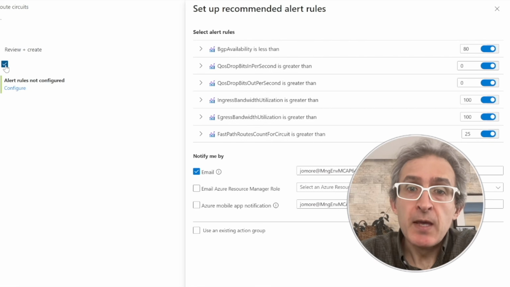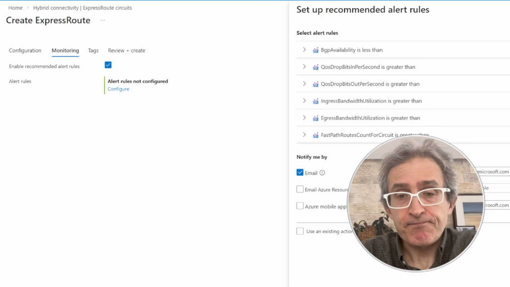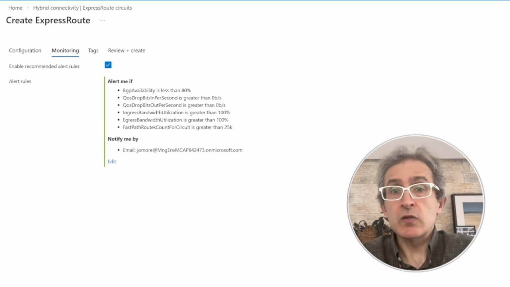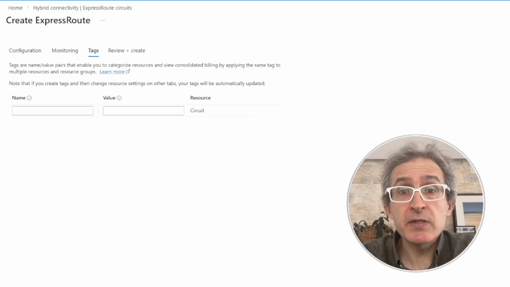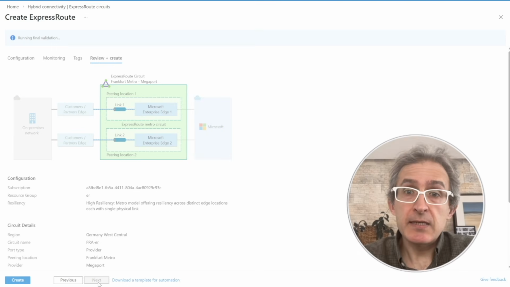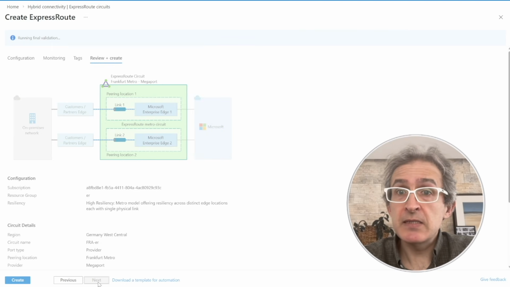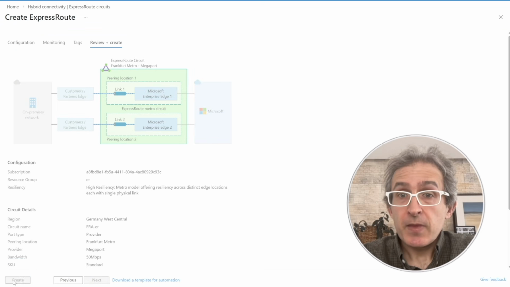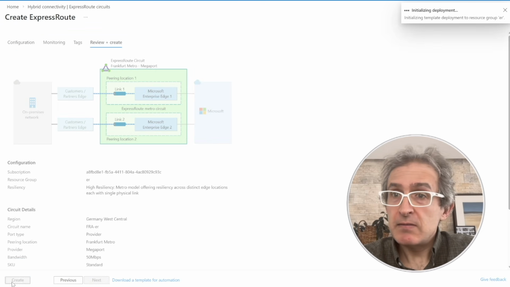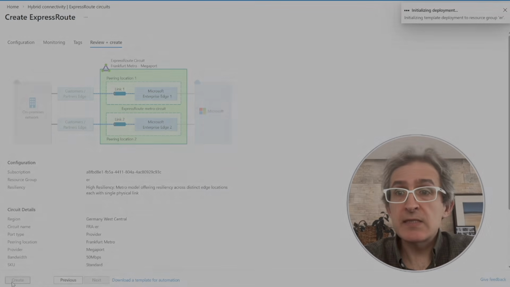We're going to pick up the recommendations, then you hit next, and in the final screen you can again see the setup regarding resiliency that we are going to have. With the magic of video editing, we will accelerate this process.